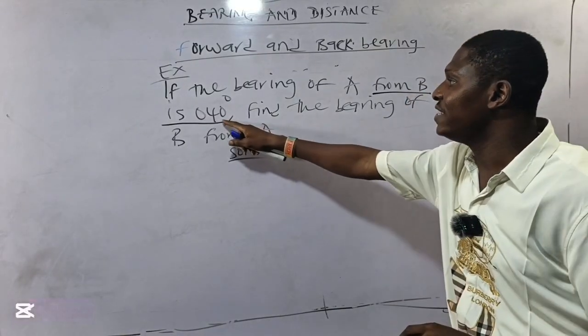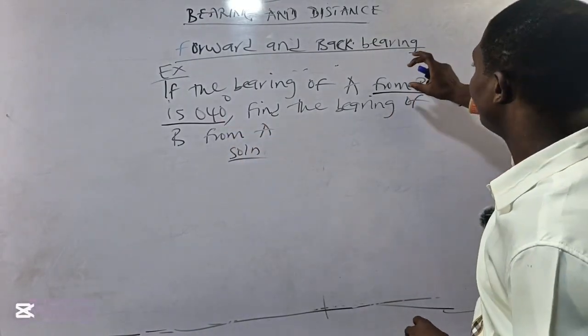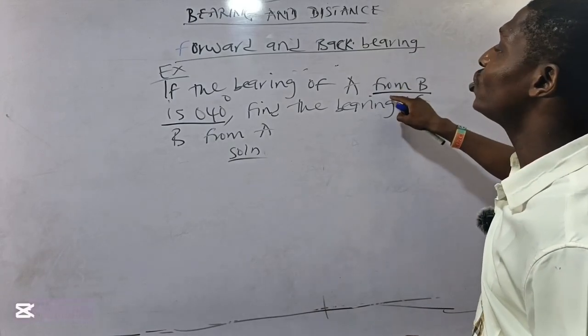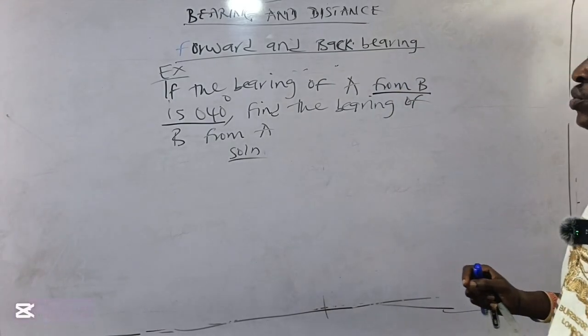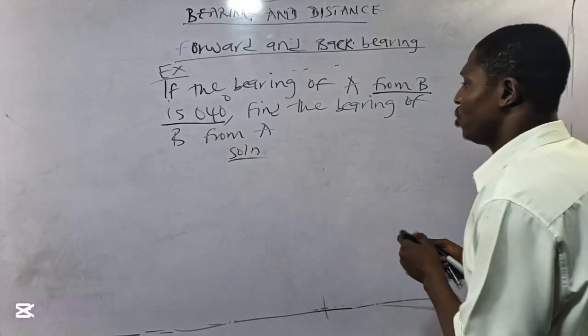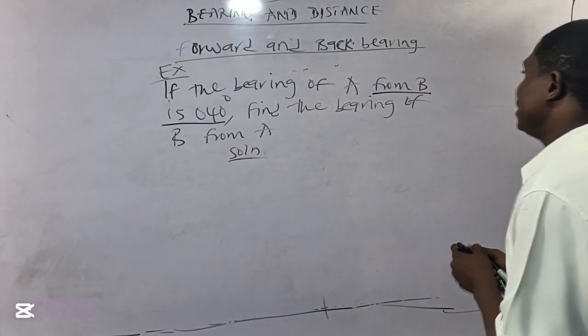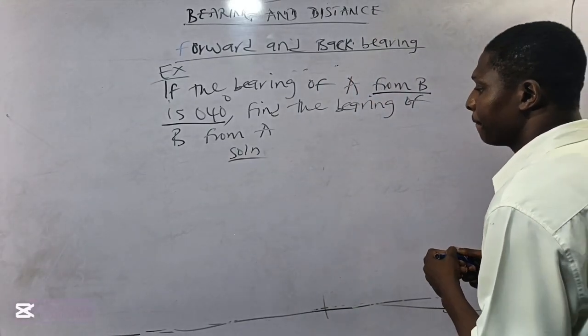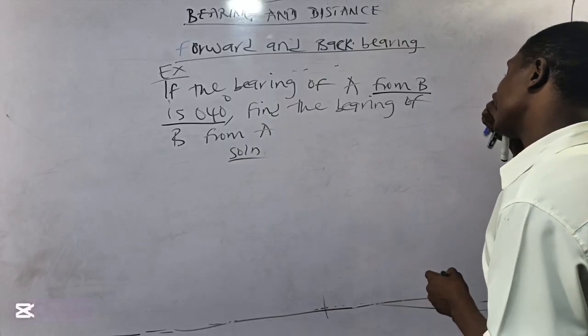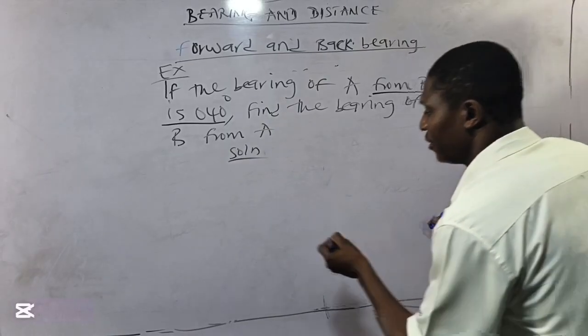So from B is 40 degree means B owns the bearing using the word from. Take notes. Now, how do I draw it? I've already seen that B is known, and 40 degree must be between south, north, east.